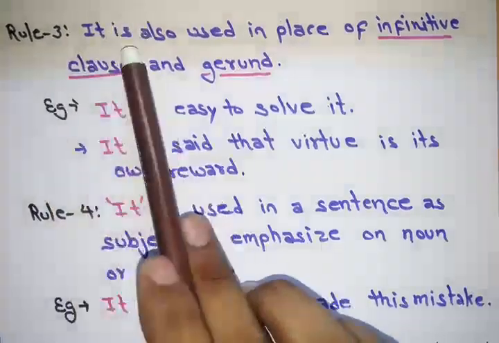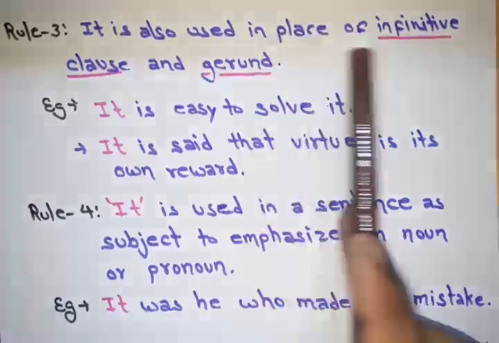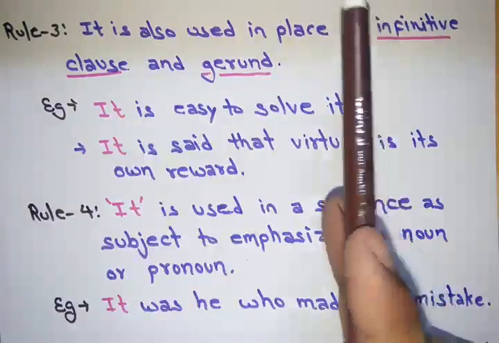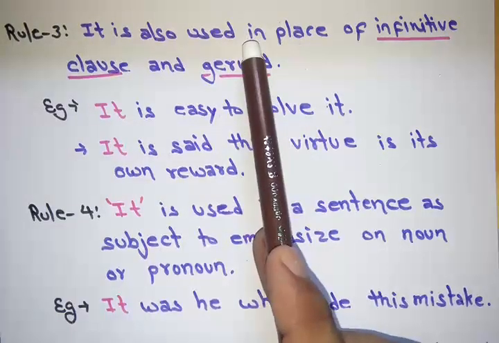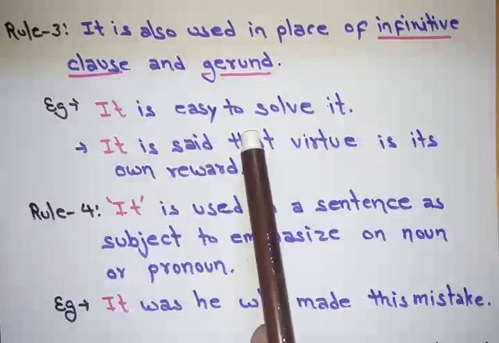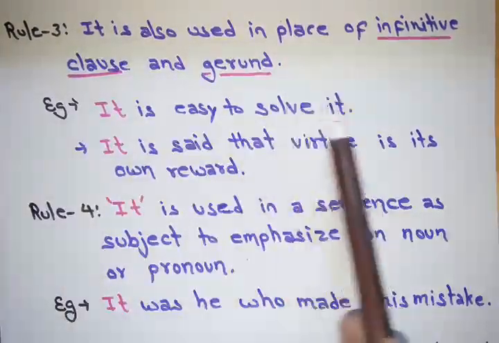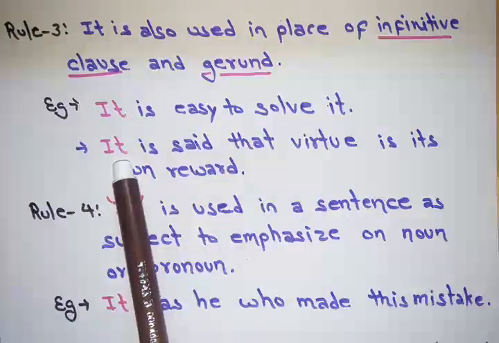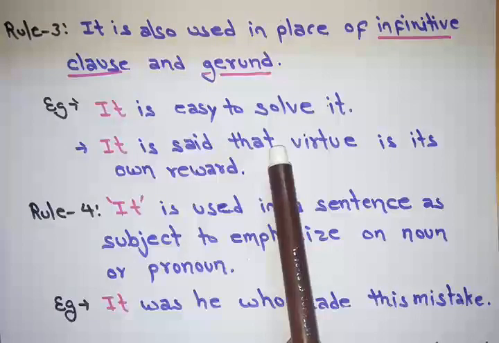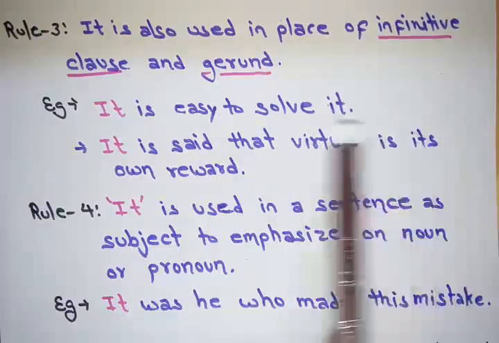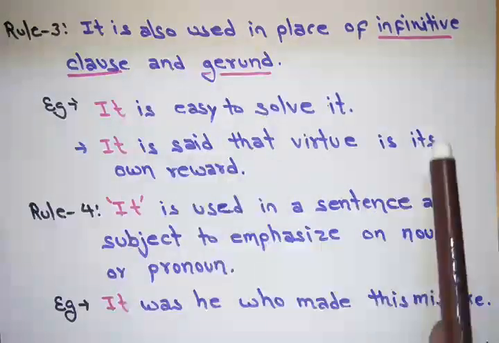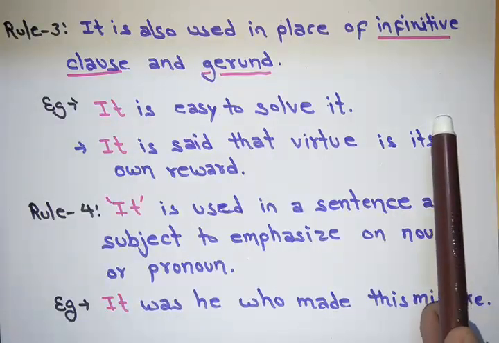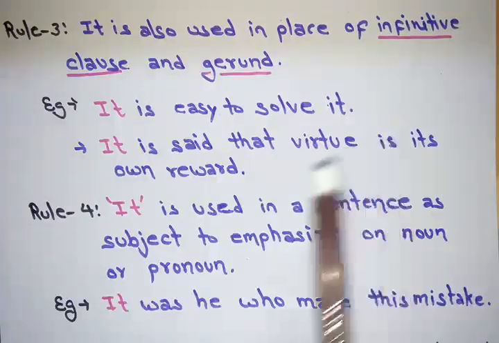Rule number three: "it" is also used in place of an infinitive clause, meaning "to" plus the first form of the verb, and a gerund. For example, it is easy to solve it, so it replaces the infinitive clause here. And it is said that virtue is its own reward, so it replaces the infinitive clause and gerund here.